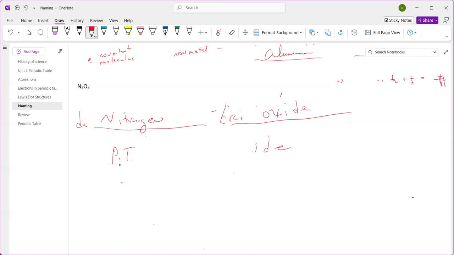Okay, so I'm going to repeat this. Always name for covalent and molecular how many. With ionic, you never mention how many because the charges dictate how many. Nitrogen appears as nitride.